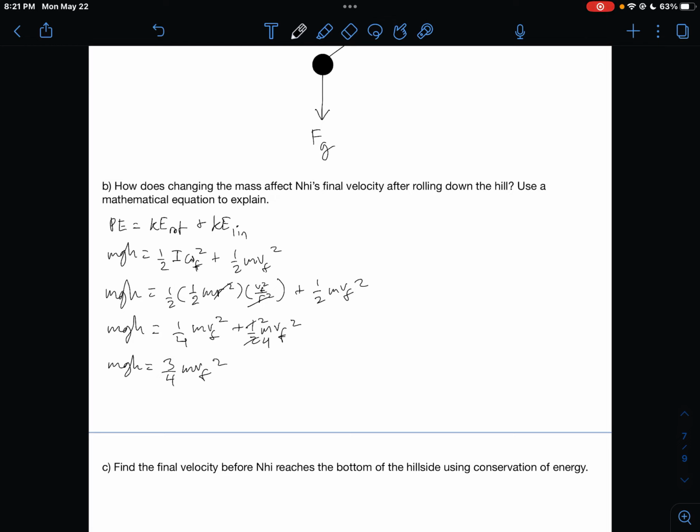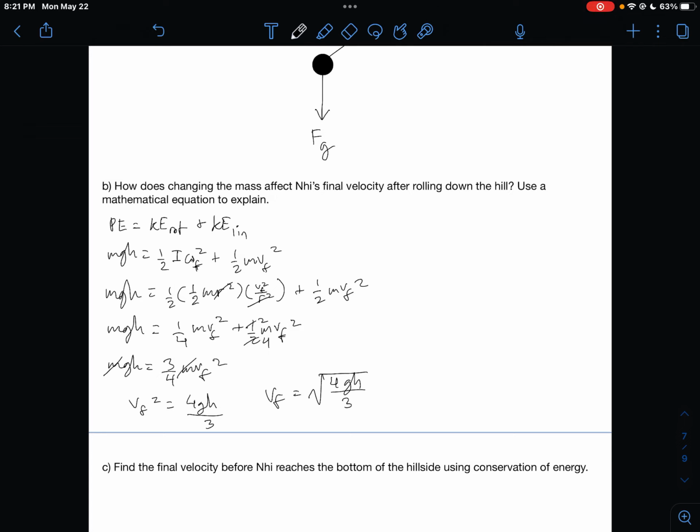And then here's the important part. You can see that the m, which stands for mass, cancels out.